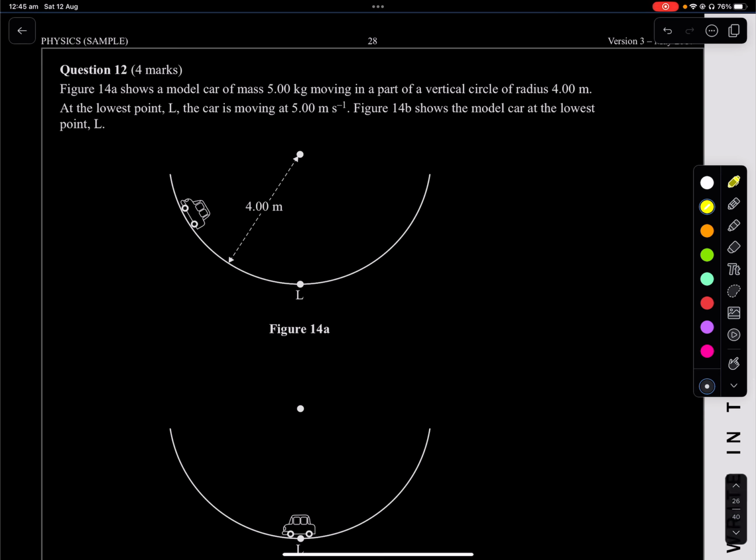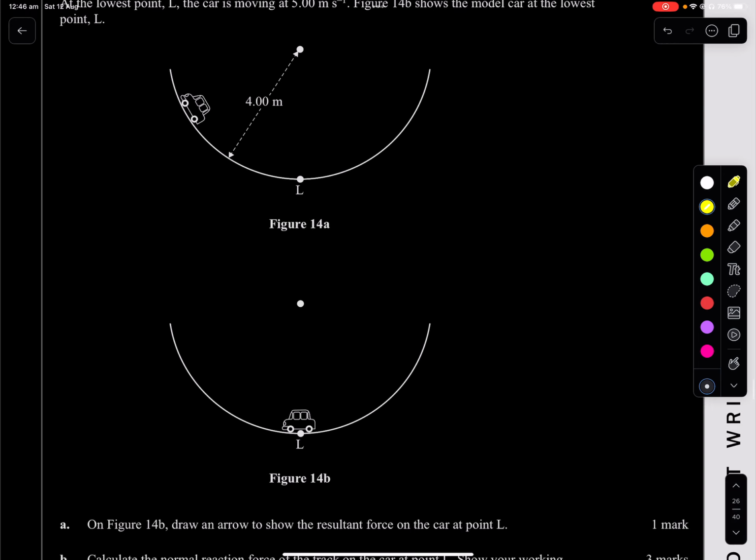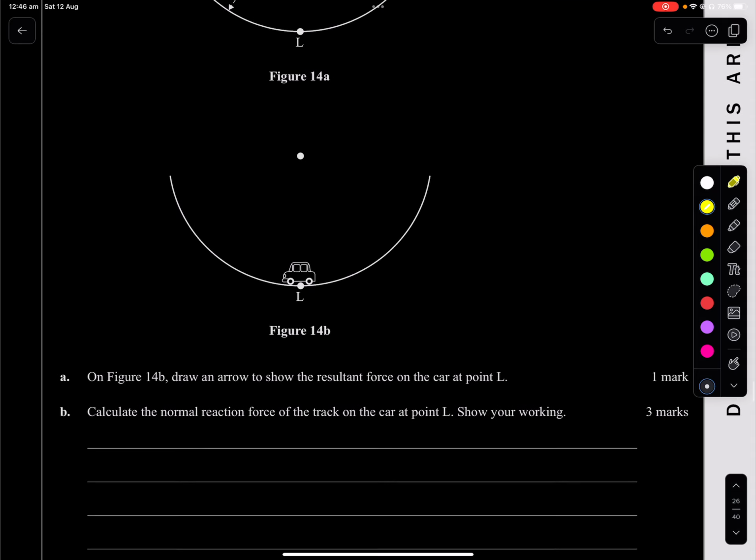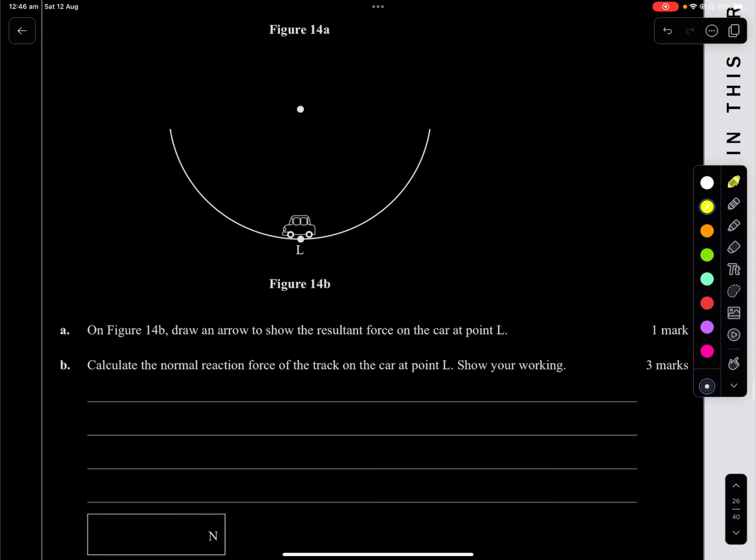So figure 14a shows a model of a car of mass 5 kilograms moving in a part of a vertical circle of radius 4 meters. At the lowest point L, the car is moving at 5 meters per second. Figure 14b shows the model car at its lowest point at L. On the figure, draw an arrow to show the resultant force on the car.